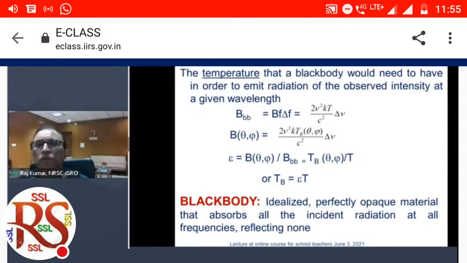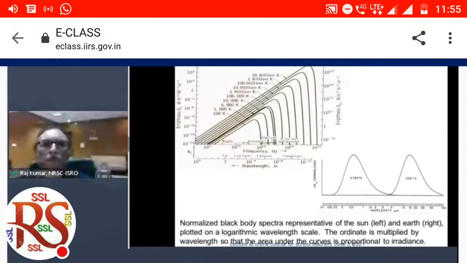So I was talking about this. You see, for different actual temperatures, from 100 K and 6,000 K to 10 billion K, where is the maximum radiation at different frequencies? Around 300 K, the Earth's temperature in Kelvin, the maximum is around 10 microns.